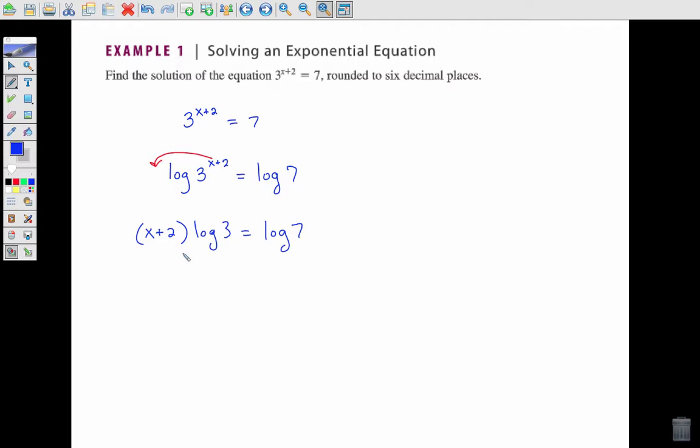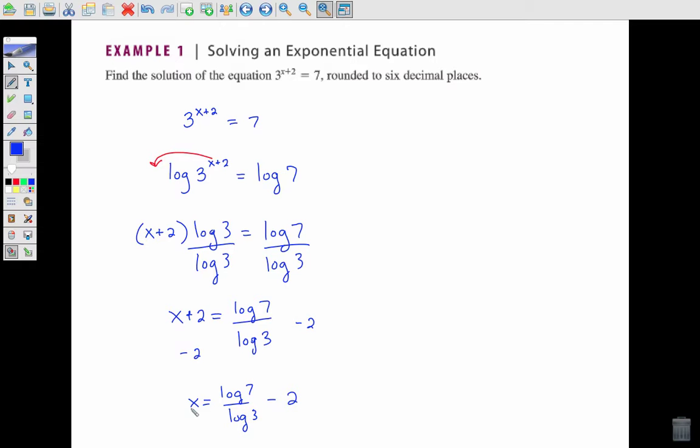I'm going to start by dividing by the log of 3 on both sides, so that I am left with x plus 2 equals the log of 7 over the log of 3. I'm going to wait until the last step to round, and then subtract 2 from both sides. So x is equal to the log of 7 over the log of 3 minus 2.